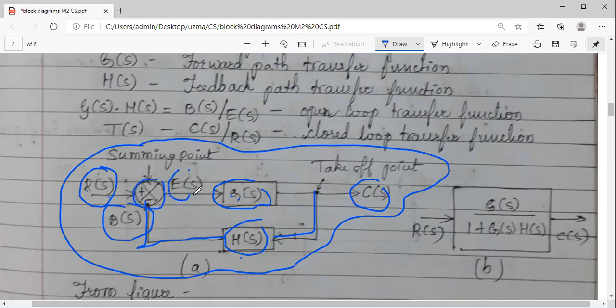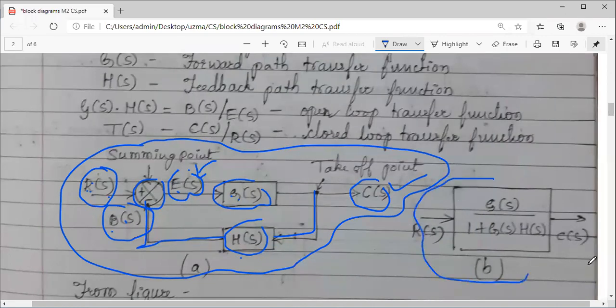And E of S represents the difference between R and B. If you take the difference, you will get this E, that is your error signal. The closer this error is to zero, the more controllable the output will be, the nearer to the actual target it will be. So E of S is the error signal, or sometimes it is called the actuating signal.